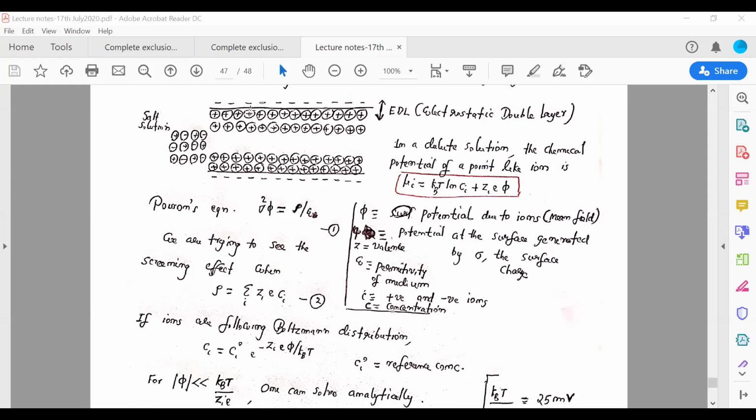So if your lambda d is smaller, your large concentration of ions screens this potential. Therefore, there is no electrostatic effect. The incoming ions will see the effect of surface charge only if the concentration is smaller. So you will tend to see electrostatic effects due to surface charge at low concentrations rather than higher concentrations.